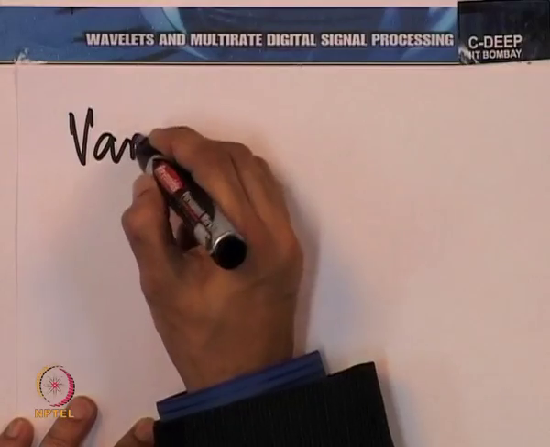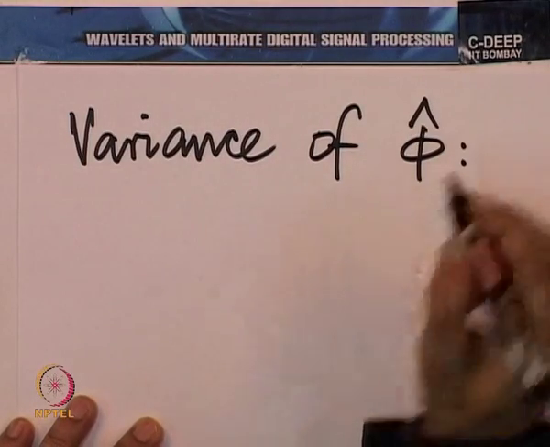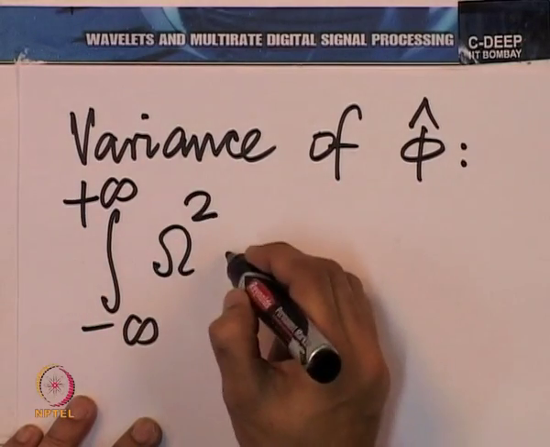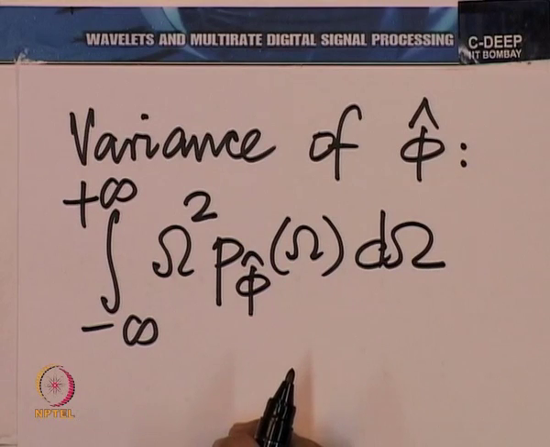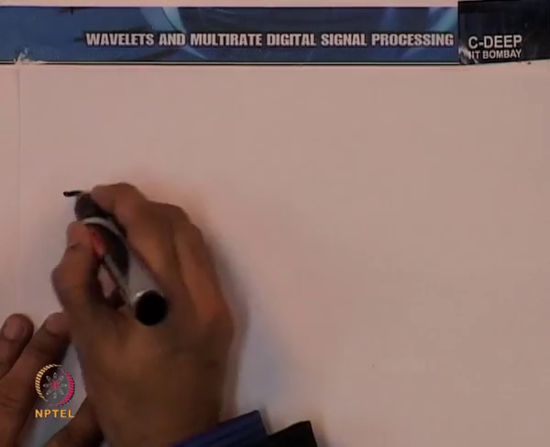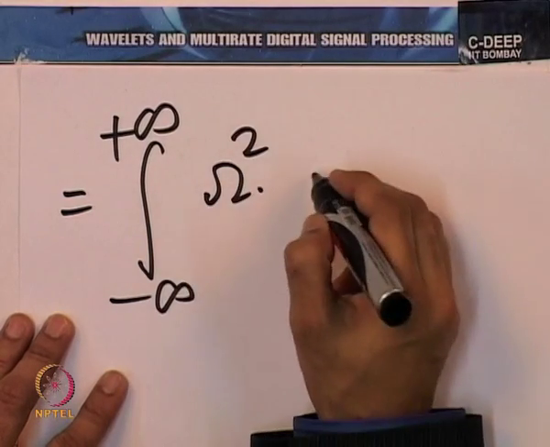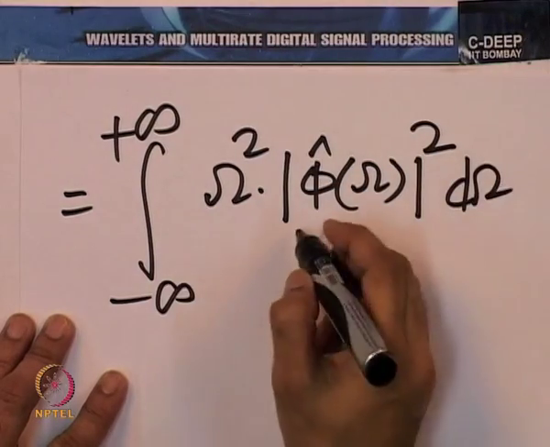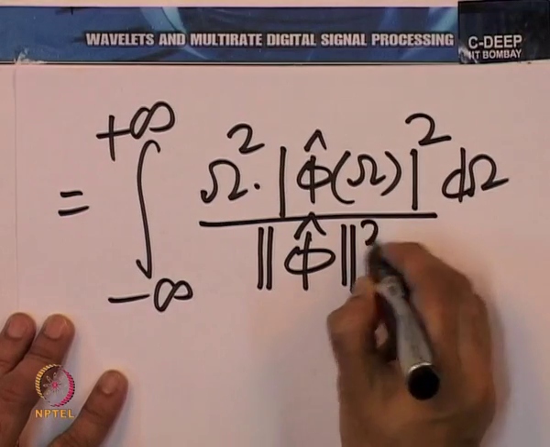The variance of phi cap is finally, as you can see, given by the integral of omega squared times mod phi cap omega squared d omega, divided by the norm of phi cap in L2(R), the whole squared.